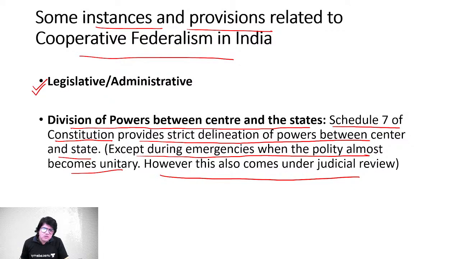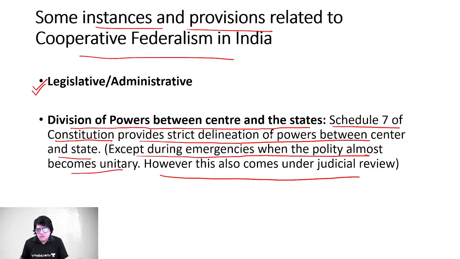Also, if there is some change to be brought in, for example, in Schedule 4, which talks about representation of various states in the upper house, that is Rajya Sabha, or an amendment in Schedule 7, which talks about the division of powers between the center and the states, or any change to Article 368 itself, which talks about the amendment of the Constitution.